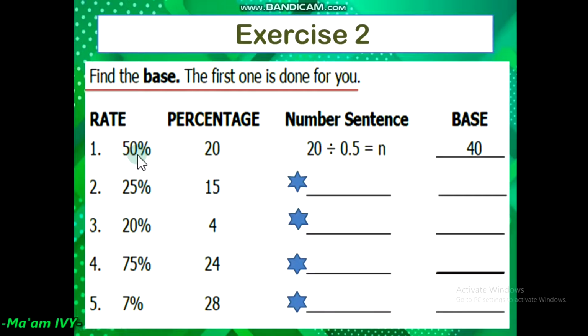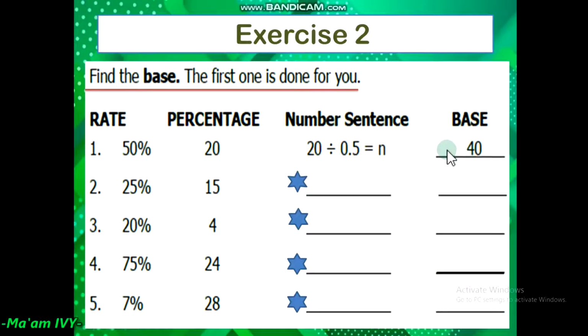Number 1, 50% is the rate, 20 is the percentage, and the number sentence is 20 divided by 0.5, which is our rate in decimal form, equals n. After solving, the answer is 40 as the base.